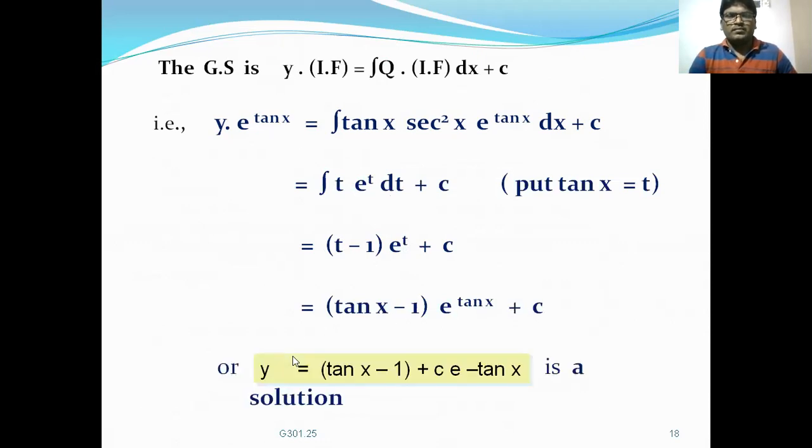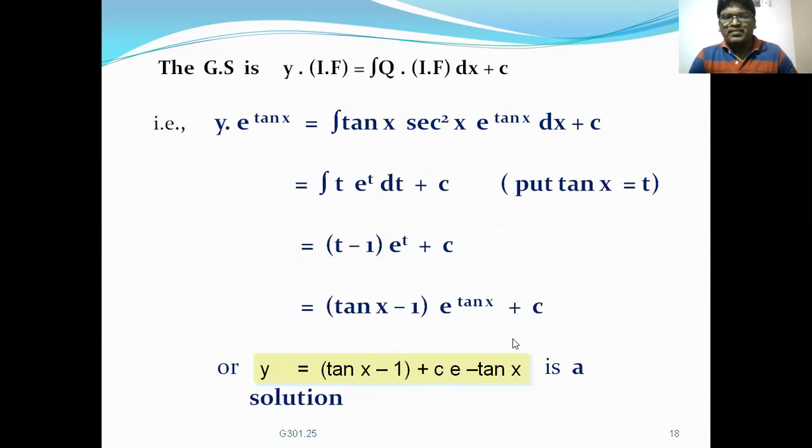Okay, here the required general solution is, on the left side y multiplied with tan x, and on the right side it divides. So here tan x minus 1 plus c into, already c is there.